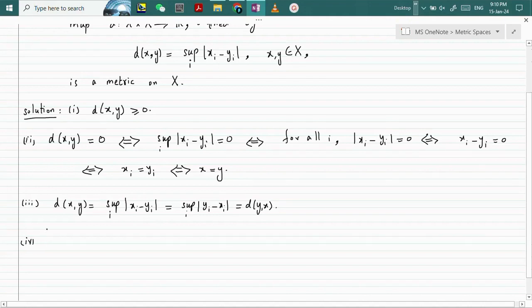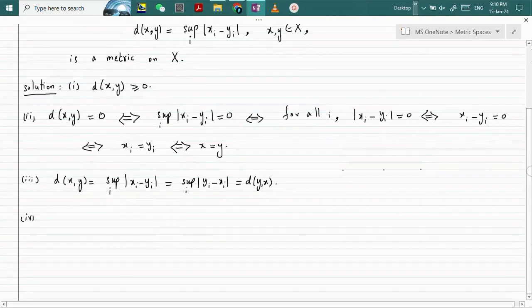Next, the triangle inequality. We verify the triangle inequality. So we take a third element z, which belongs to X. Let's suppose that z belongs to X, so z is a sequence which is bounded.